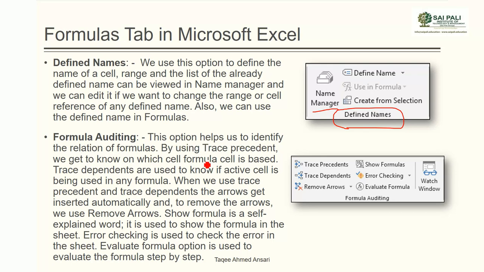This option helps us to identify the relation of formulas by using the trace precedent and trace dependent options. So it will show you the precedent and dependent cells of a formula cell. It shows that this cell is dependent on some other cell, or this cell is precedent for some other cell.